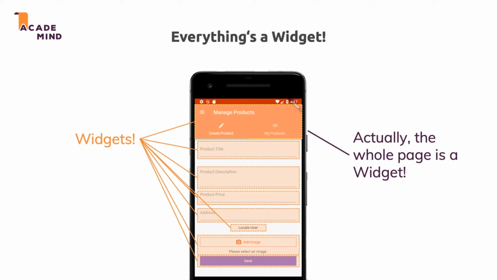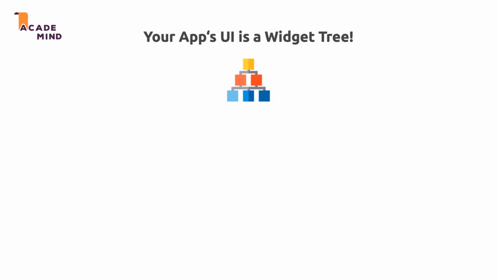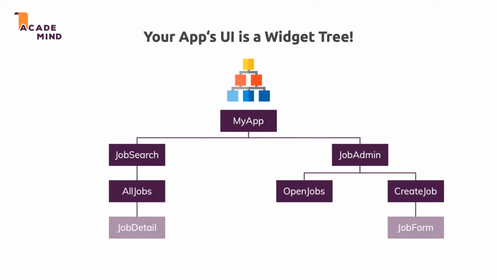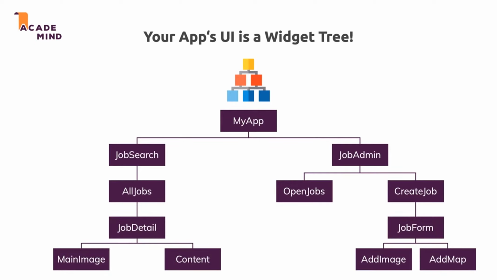And a widget, as you will see throughout this course, is really just a code snippet, an instruction you place in your code. Something like, please render a button here. That's a widget. It'll be as simple as that. And your entire app is therefore built as a widget tree. You have this root widget, which is your app itself. Then you might have different screens there. On the different screens, you have different sections, and in there you might have text inputs, text outputs, buttons, tabs, drop-downs.